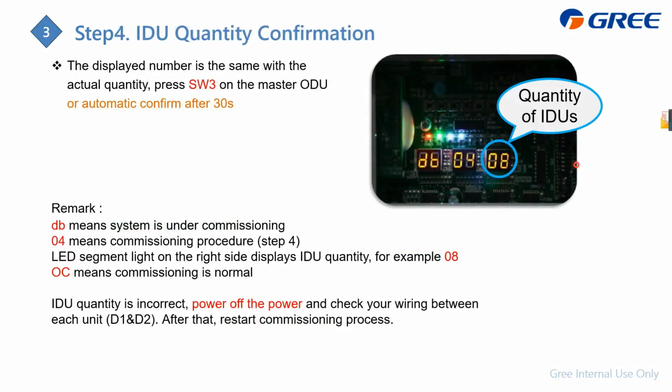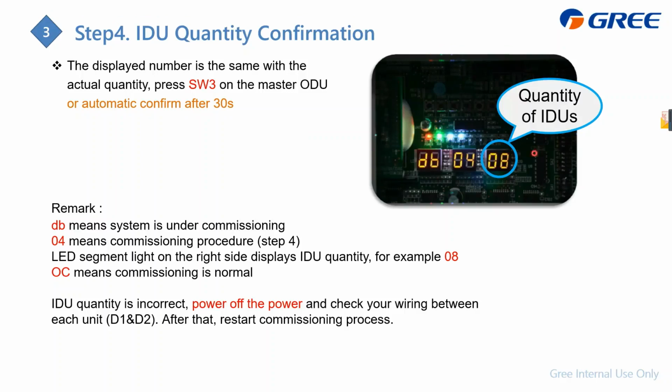Step 4 is to detect the quantity of the indoor units. Here LED3 will display the quantity of the indoor units. If it is true, you should also press SW3 to confirm, and then it comes to step 5 automatically.